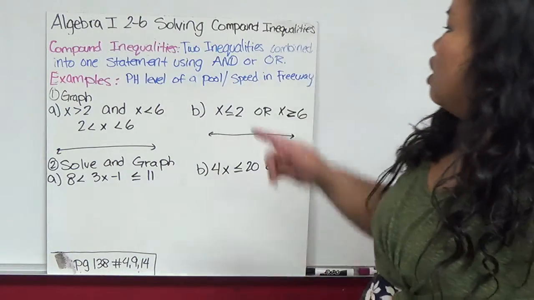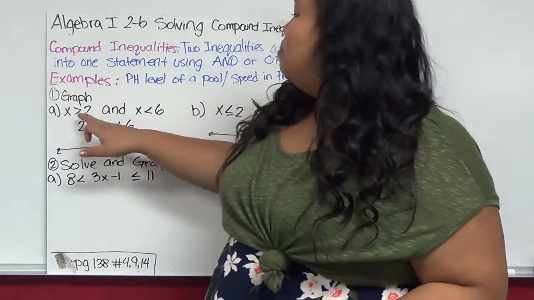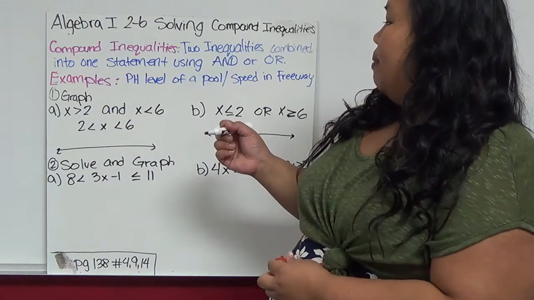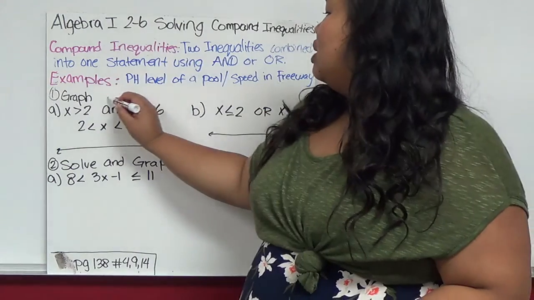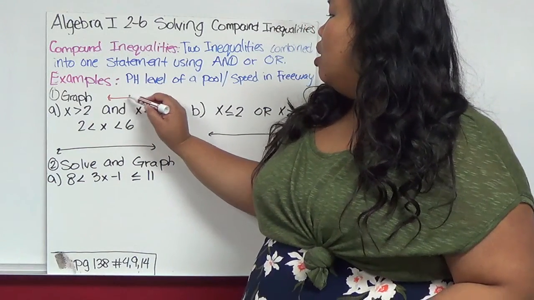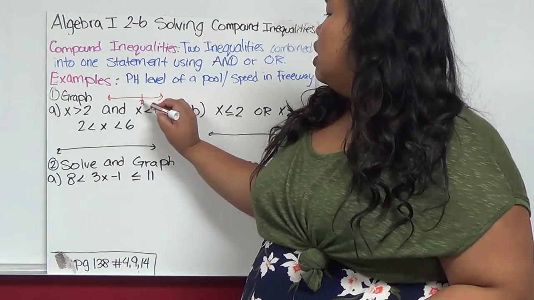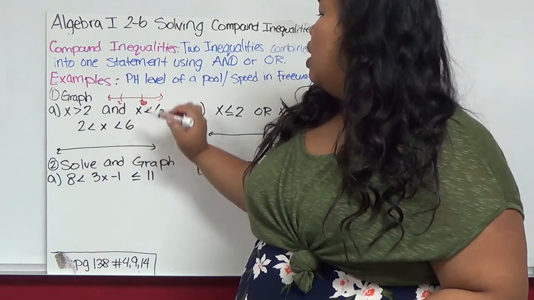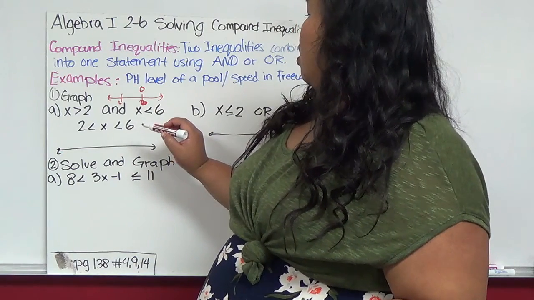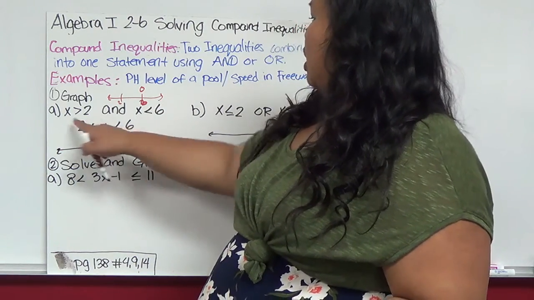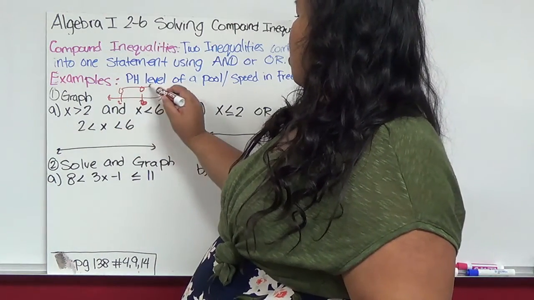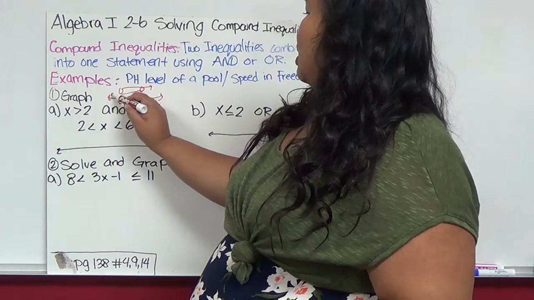Okay? So for example, x is greater than 2 and x is less than 6. So what that's telling me is that x needs to be, this is 2, this is 6. X needs to be bigger than 2, okay, and it needs to be less than 6.